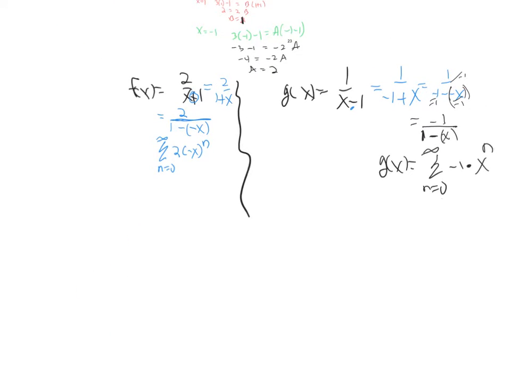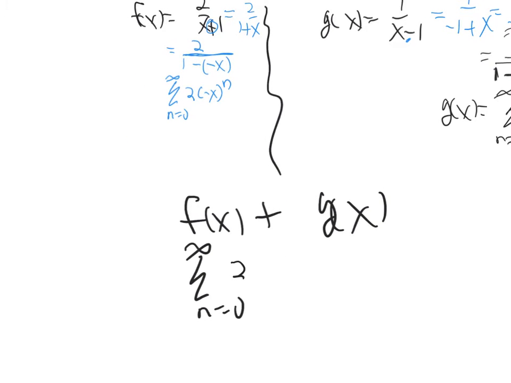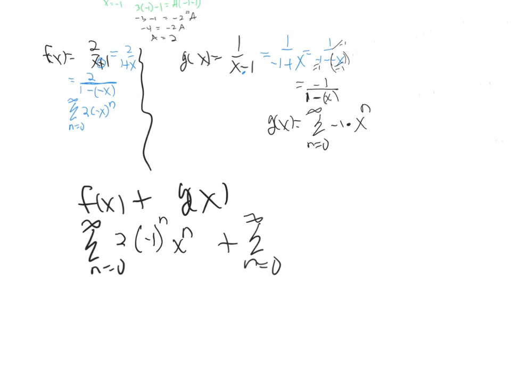So f of x plus g of x will be the power series as n goes from 0 to infinity of a 2 to the, no, negative 1 to the n, x to the n, plus summation, n is 0 to infinity, of that's a negative 1 times x to the n.